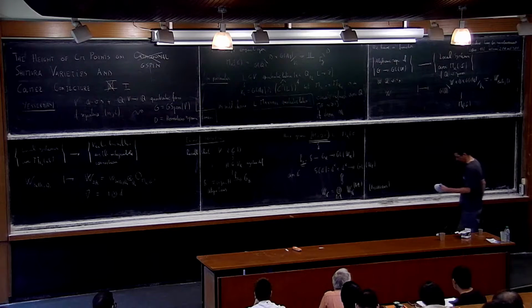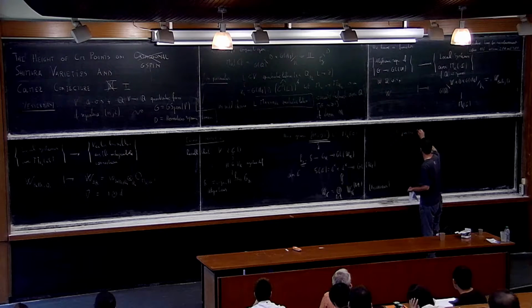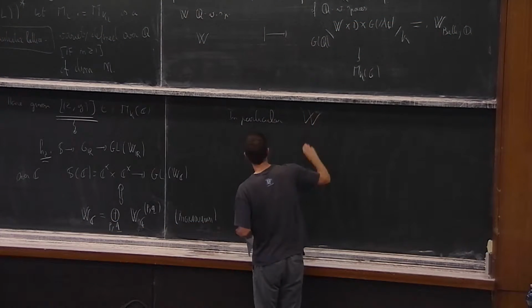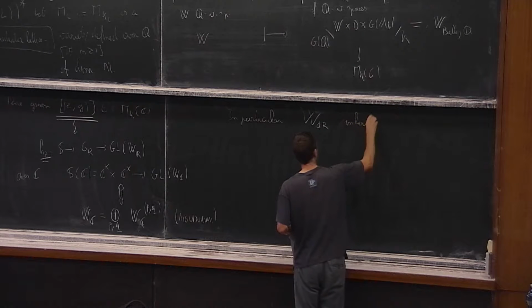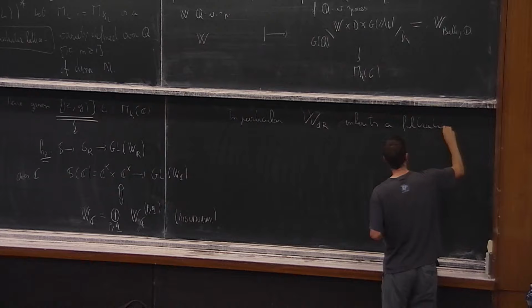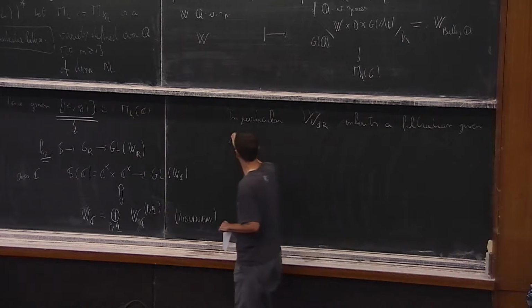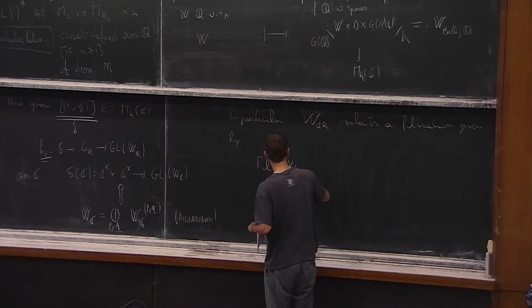Okay, and furthermore, in particular, our V de Rham inherits a filtration given by Fil^J of V de Rham.